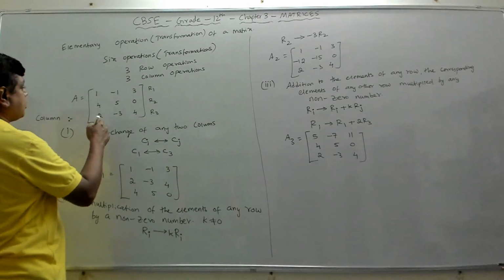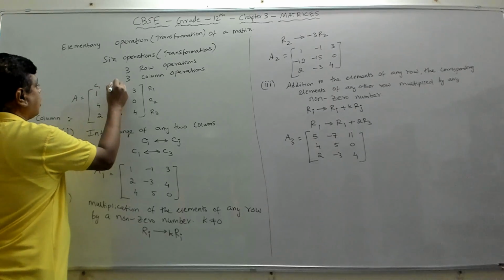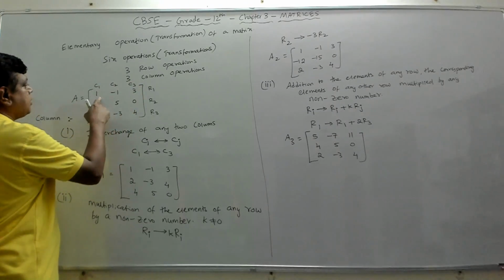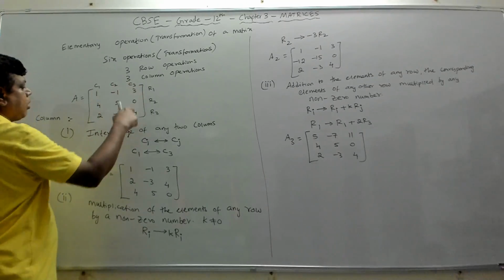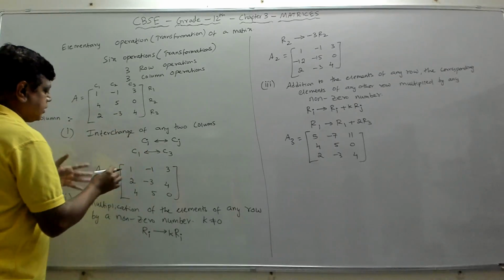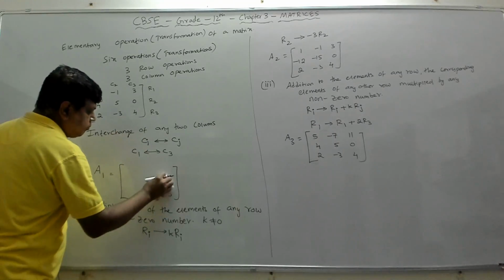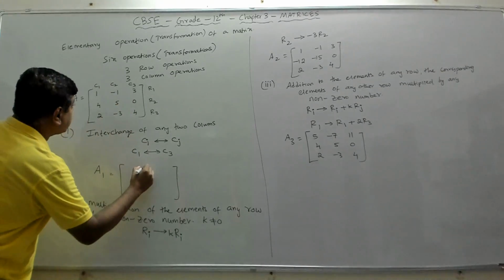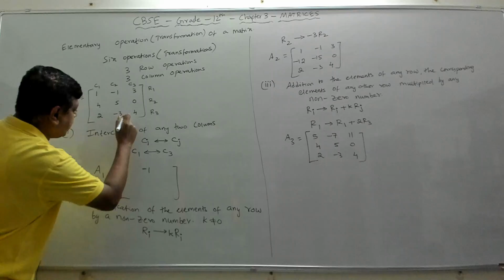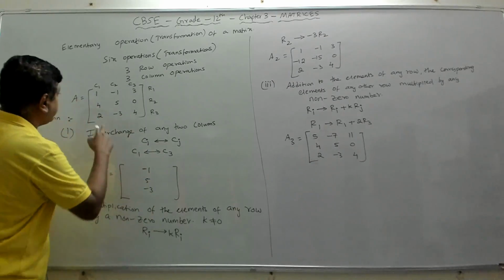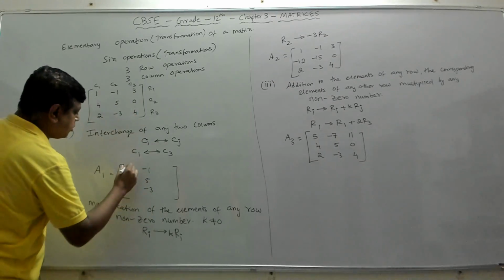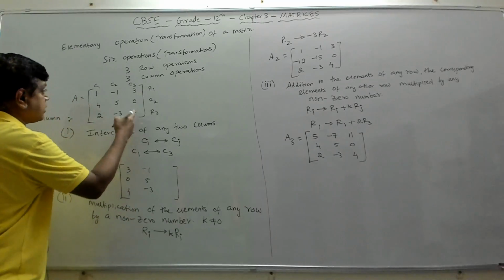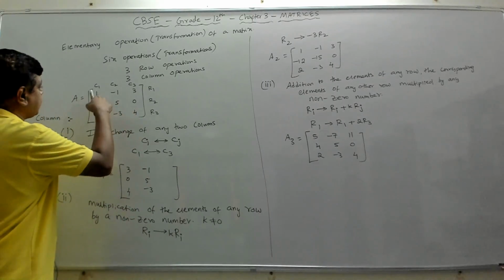This is column 1, column 2, column 3. If I apply this, then our matrix A will become: column 1 and column 3 get interchanged. Column 2 has no change, I will write column 2 as it is: minus 1, 5, minus 3. Then here 3, 0, 4, because column 3 has come to column 1 and column 1 will go to column 3: 1, 4, 2.